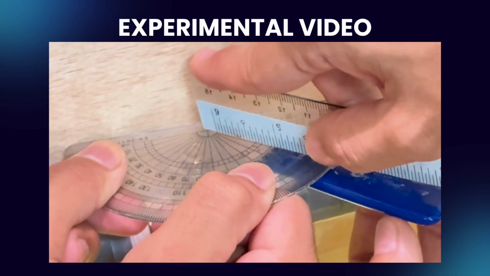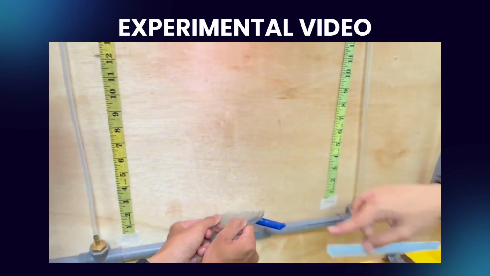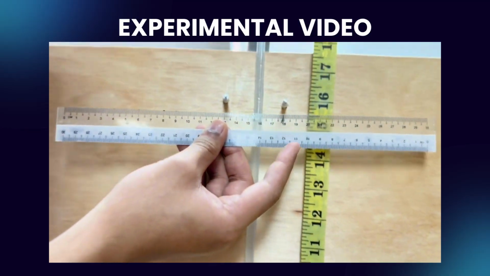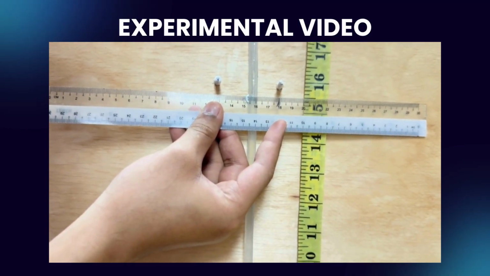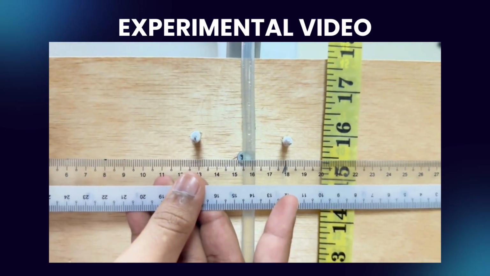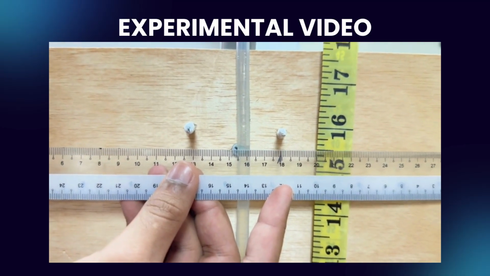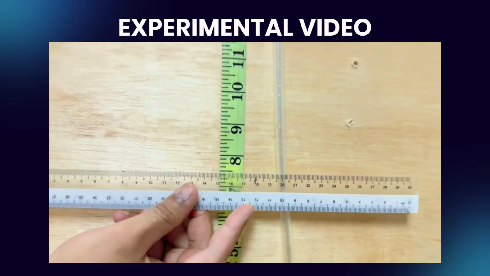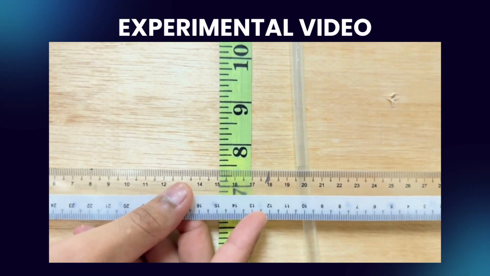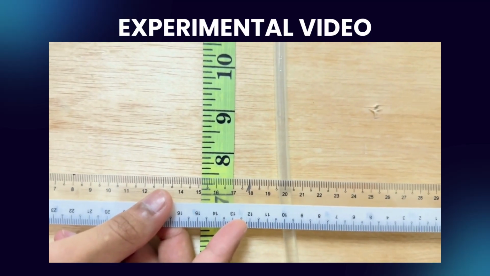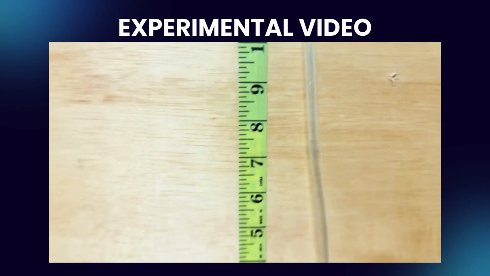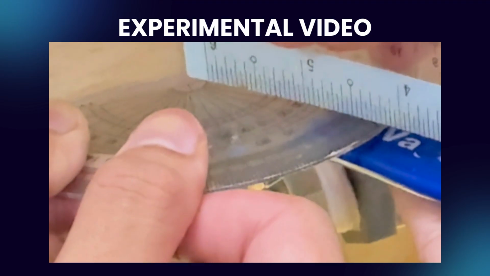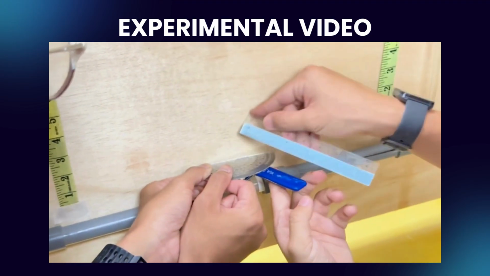Now we move to the 40-degree angle. For the inlet pressure, we got about 15.5 inch. And then for the outlet pressure, we almost got the same, about 7.5 inch, for the 40-degree angle.